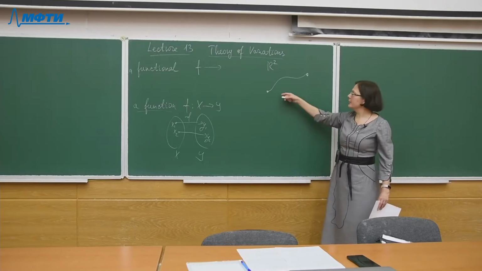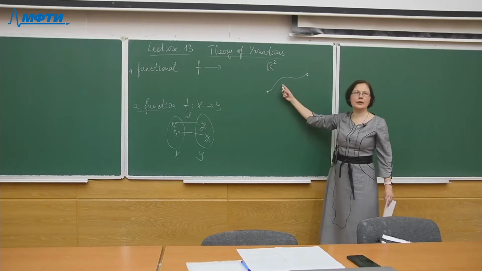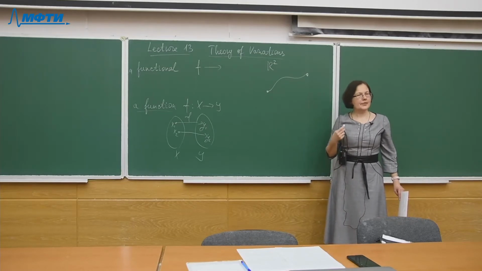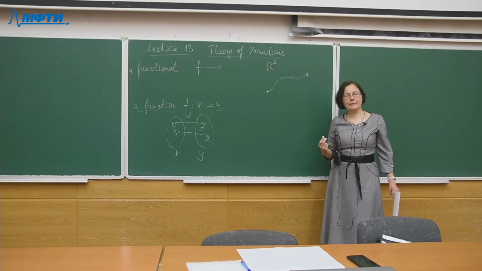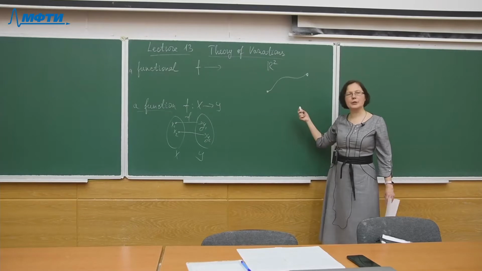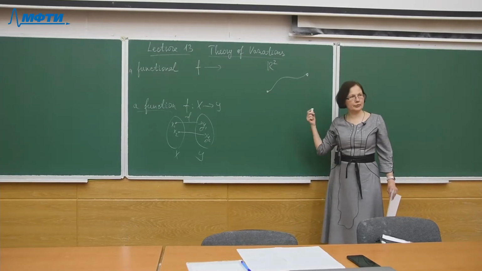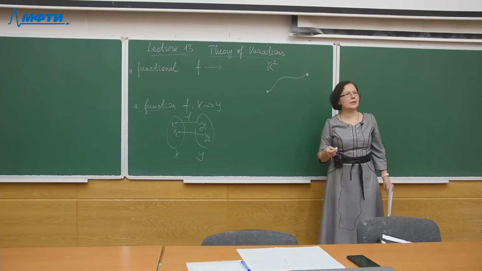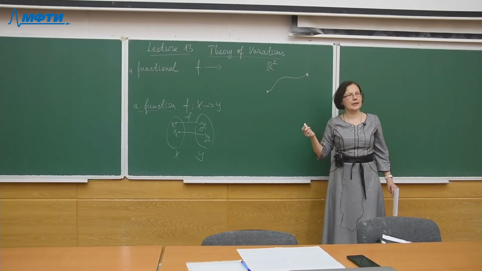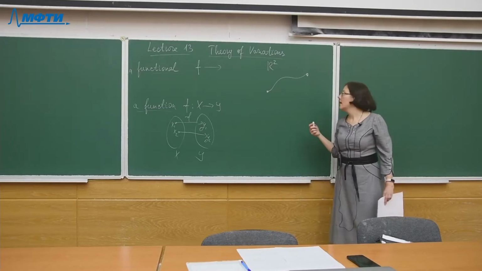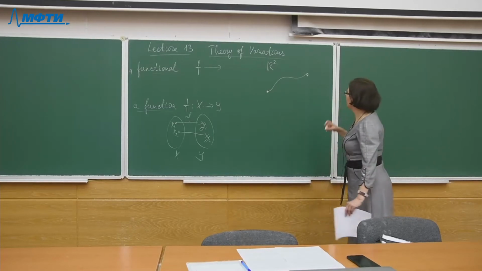And if we associate a number with any rectifiable curve, then this is a functional. It associates a number to a rectifiable curve, right? So to an object, more complicated than a finite dimensional vector.